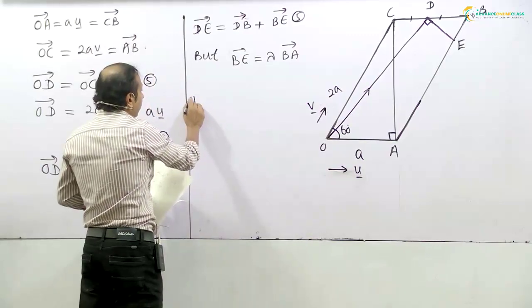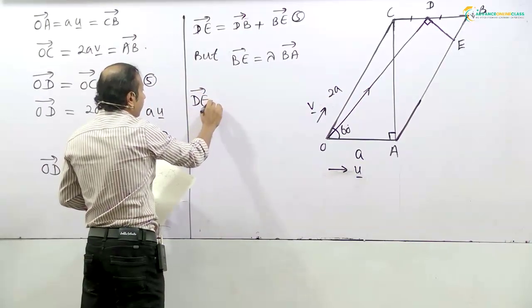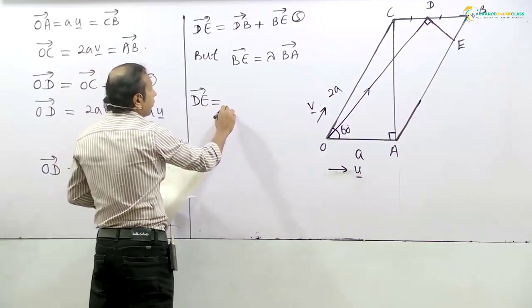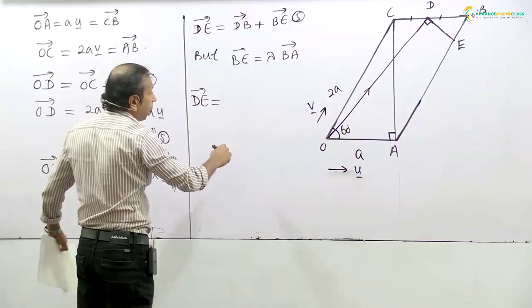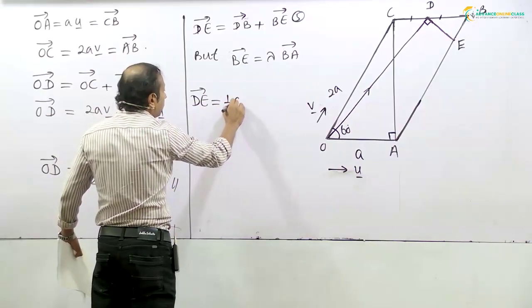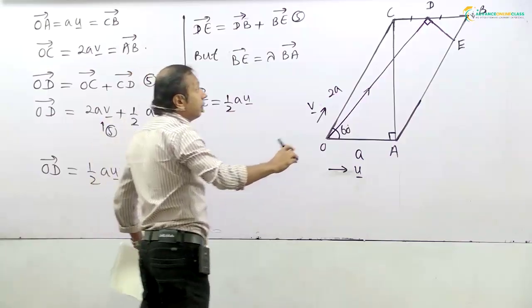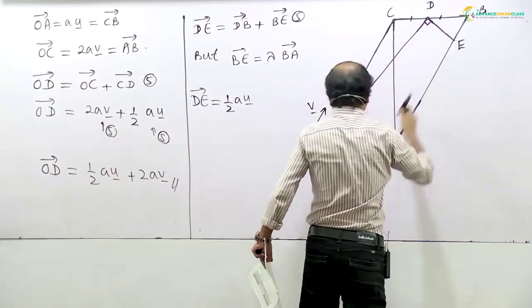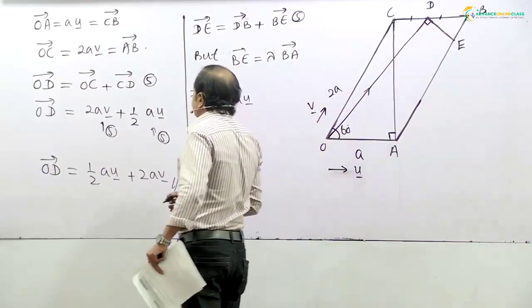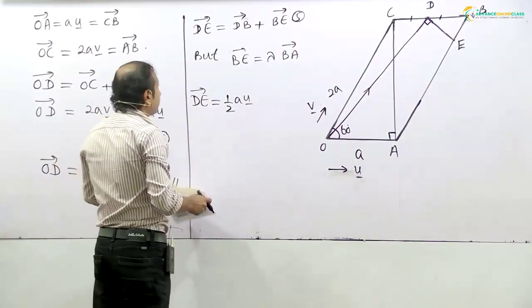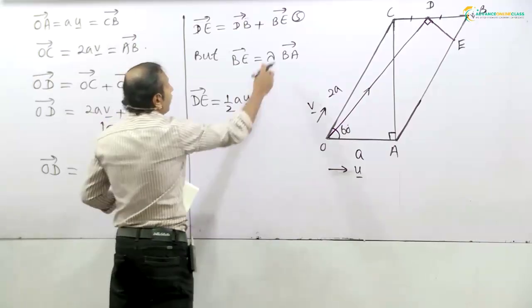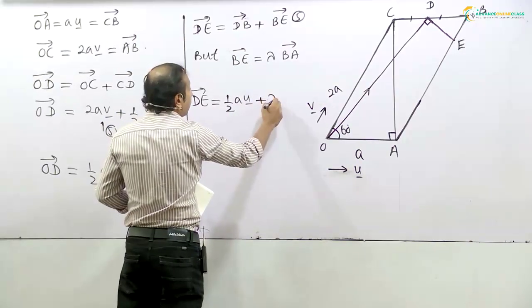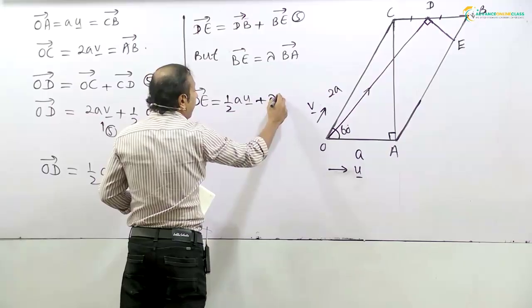Therefore, DE vector: DB means half aU. Am I correct? DB means what? Half of this OA vector, no? All right. And now we can substitute for lambda times BA.